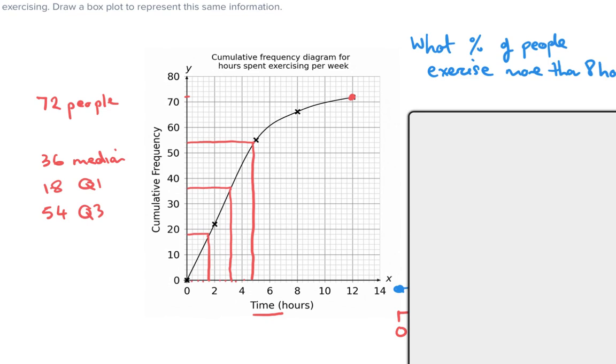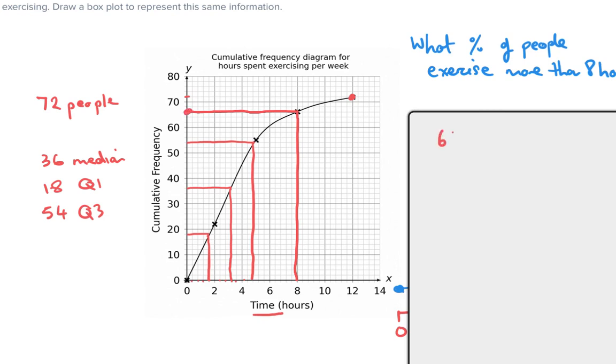We're going to find 8 hours on the graph. And 8 is here. So we go up and find 8. There's 8 hours, and we go right across to find out what number it relates to. And we go across here, we get to the answer 66.